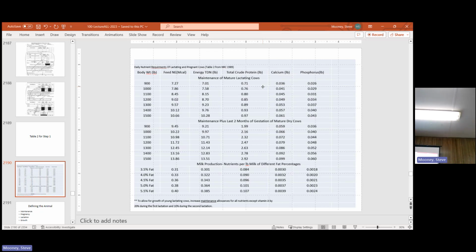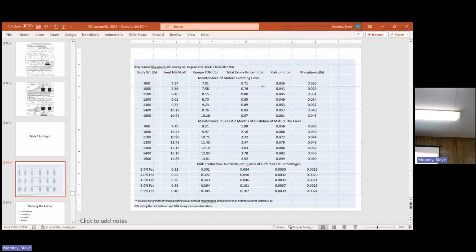We might use those after break. I haven't decided yet. But we're going to focus on the energy and crude protein needs for our cows. Those are the things we need to get right on the farm. We usually have the minerals taken care of by some sort of pack we get from the company we're working with.